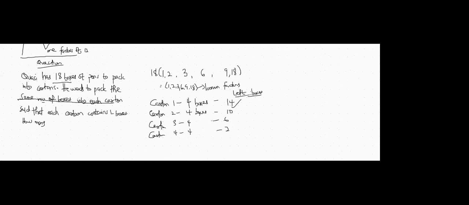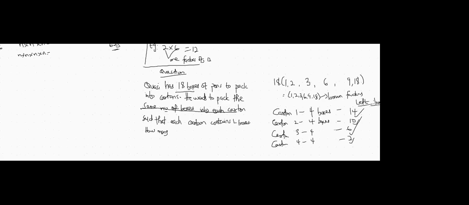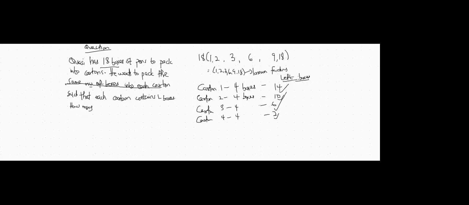After packing, I have 14 left. For the next carton, I pack 4 boxes, and I have 10 left. The third carton, I pack 4 boxes, and I have 6 left. For the fourth carton, I pack 4 boxes, and I have 2 left. And we pack the same number of boxes per carton. And how many cartons would he get? Please, is the question clear now? Yes. So he would get 4 cartons.